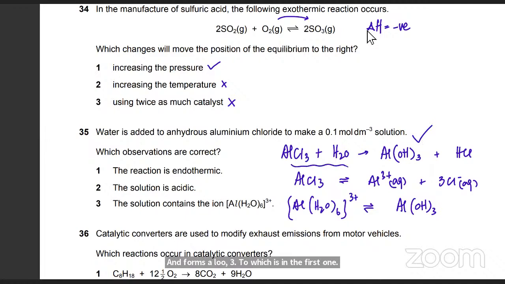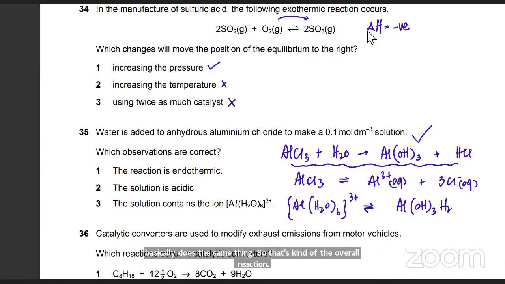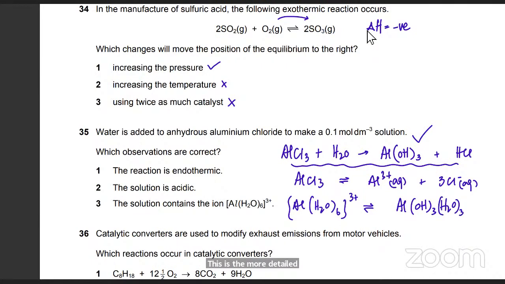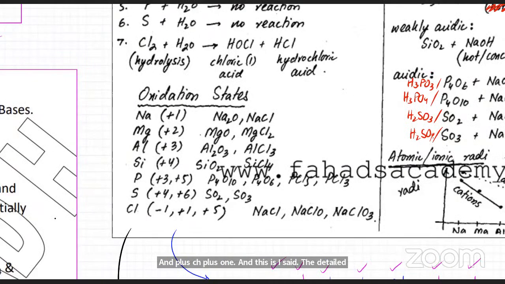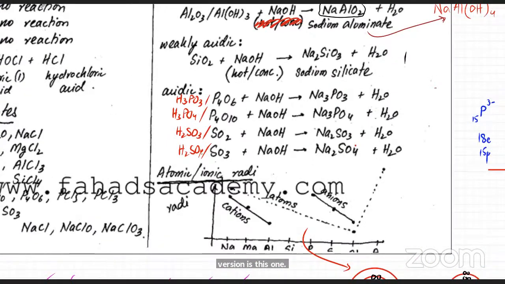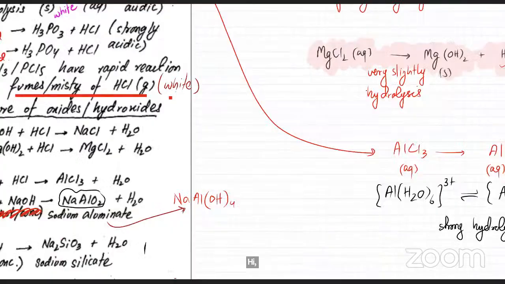So that's kind of the overall reaction. This is the more detailed reaction. And there's 3 H2Os and plus 3H+. And so the detailed version is this one. Okay, where's the hydrolysis? This part, I think. Yep. The detailed version is this one.